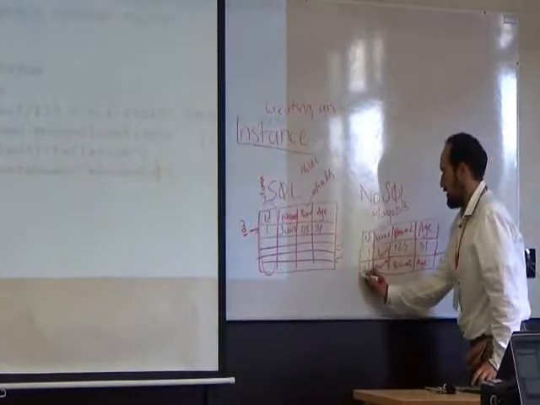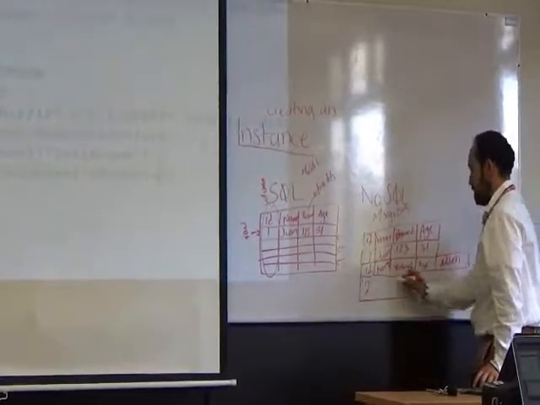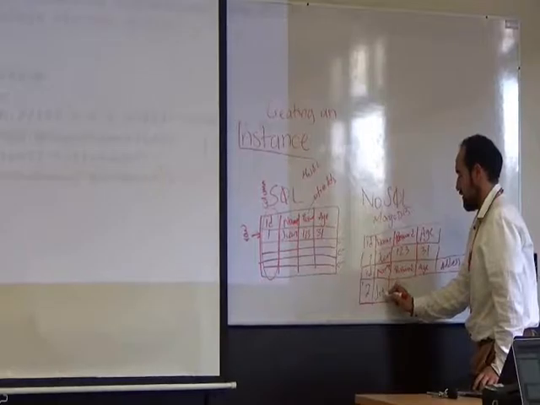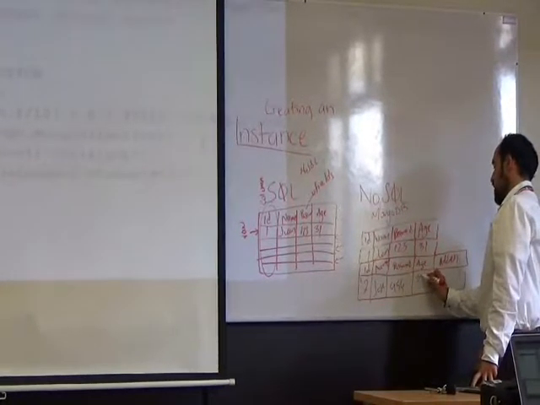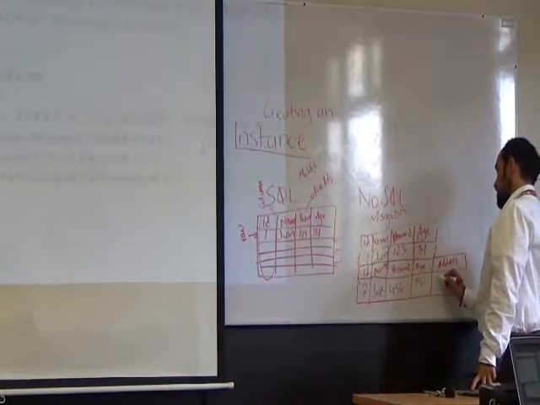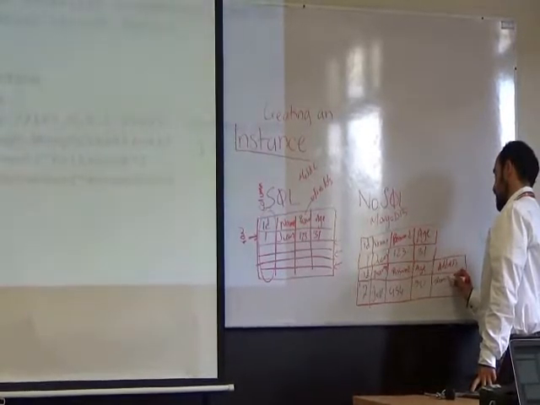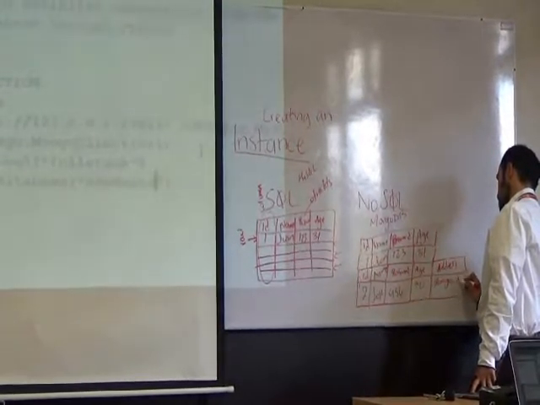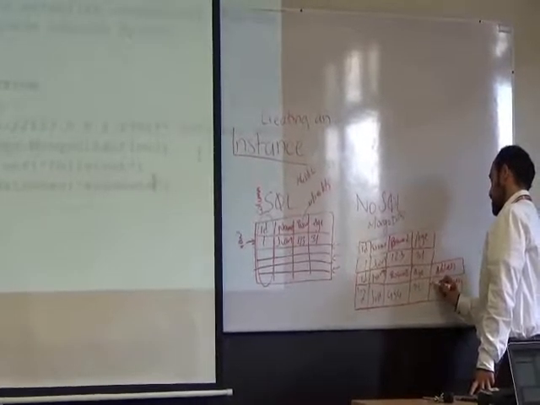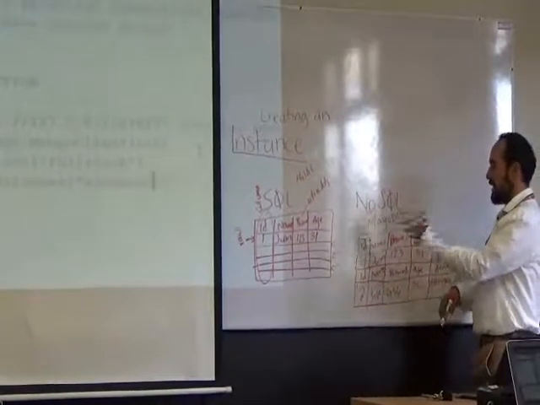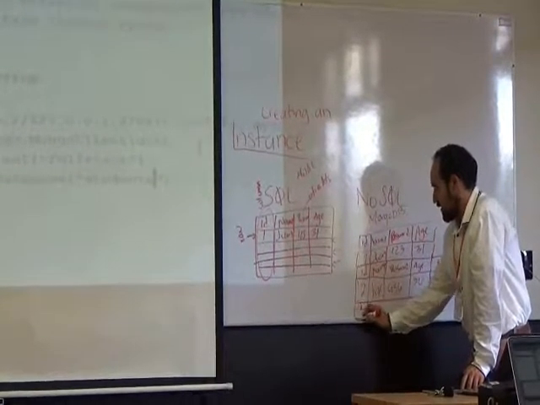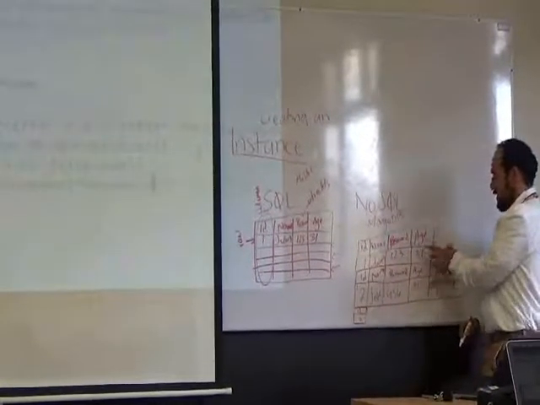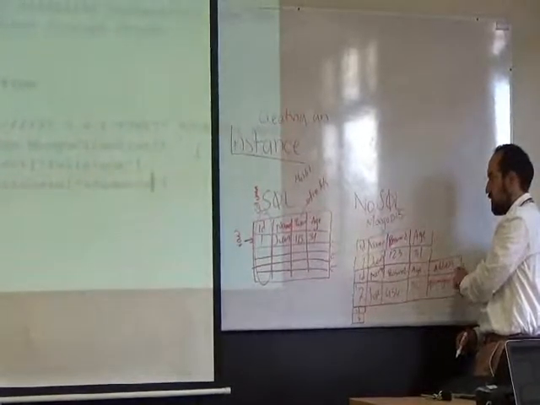So the ID 2 can be Jose, 456, age 30, and address 31 Zaragoza Avenue. Alright? And the next record can be only one field, just ID, and it is the ID 3. So I have different sizes of my records.